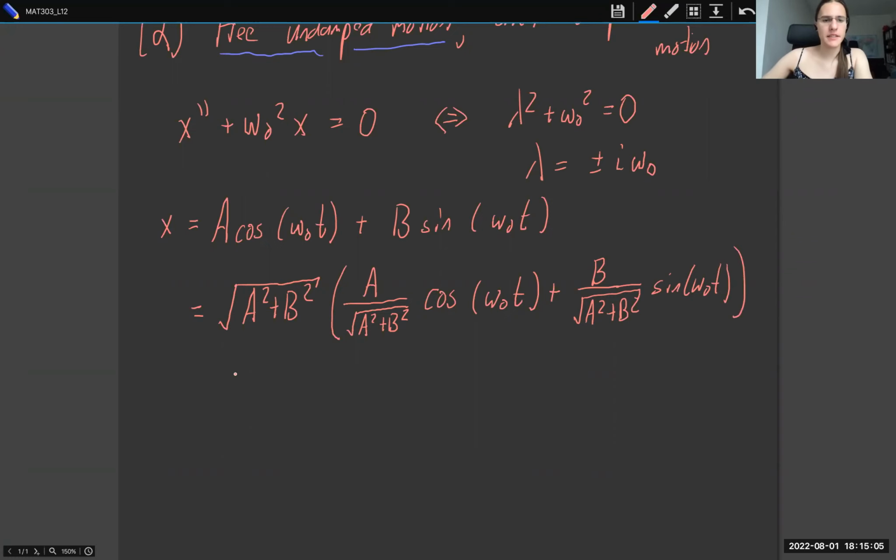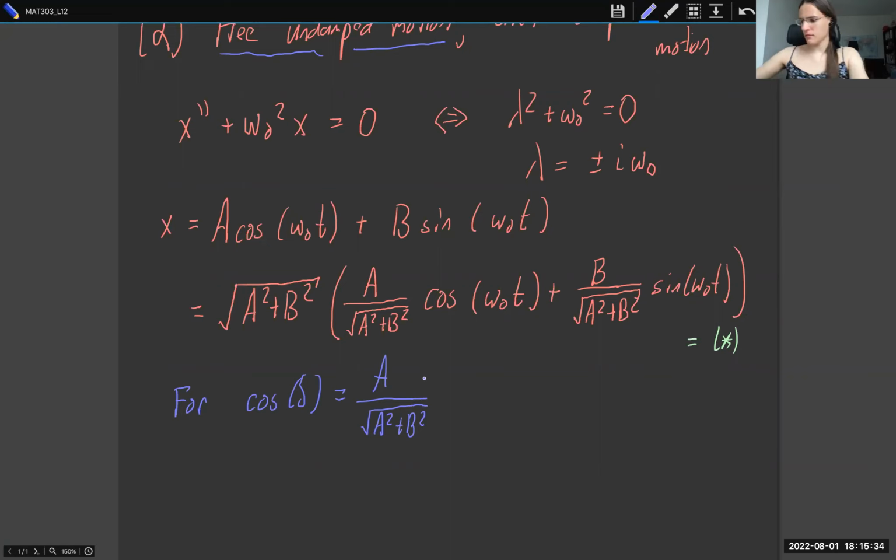Now, cosine of delta is equal to A over the square root of A squared plus B squared, and sine delta is equal to B over the square root of A squared plus B squared.